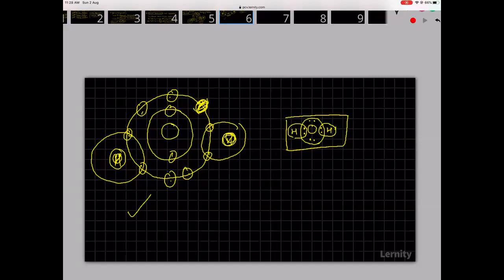Okay, now this is what is known as the Lewis dot structure. So we have shown the Lewis dot structure for water.